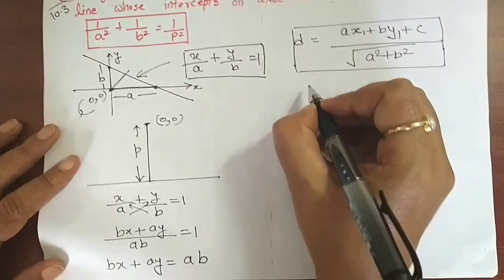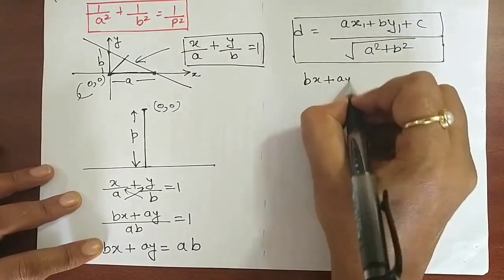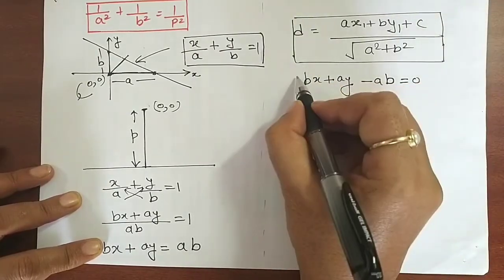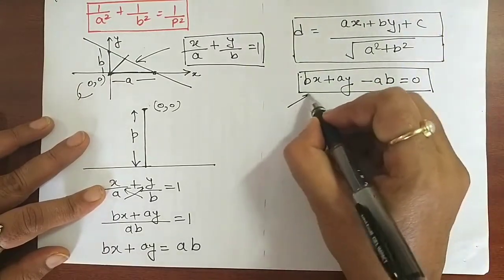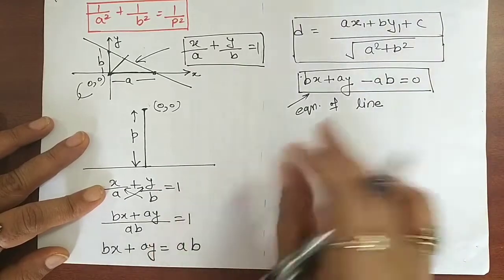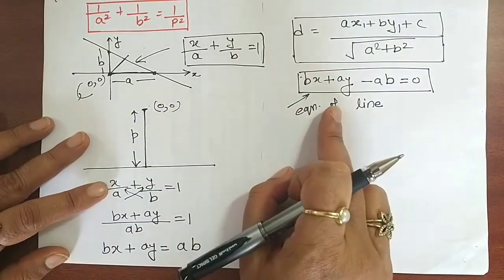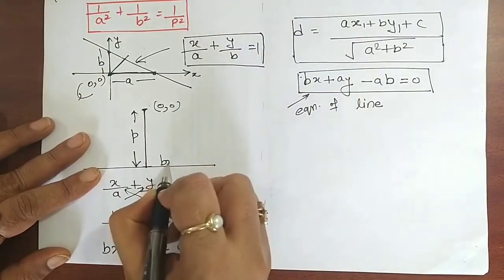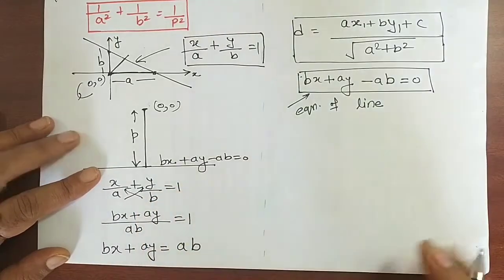I can write this equation as BX plus AY minus AB is equal to 0. This is the equation of line. This is my equation of line on which from 0, 0 I want to put the perpendicular. Okay, this is the equation of this line. Let me write BX plus AY minus AB equals 0.